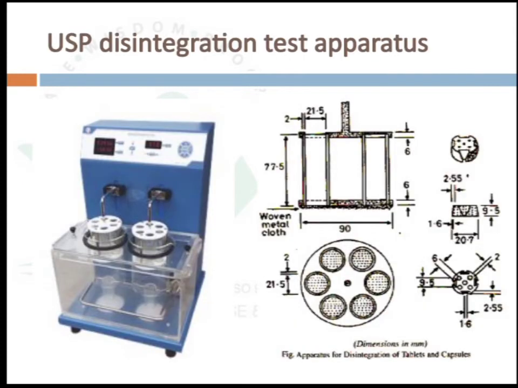So this is the USP disintegration apparatus. We have 6 glass tubes, the upper end is open and the lower end has mesh number 10, and we can place a perforated disc above the tablet.